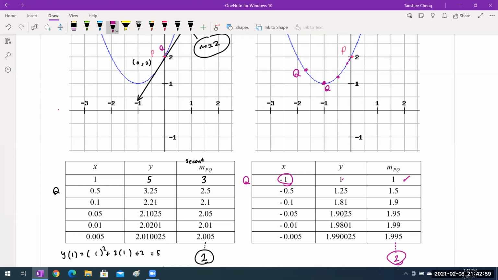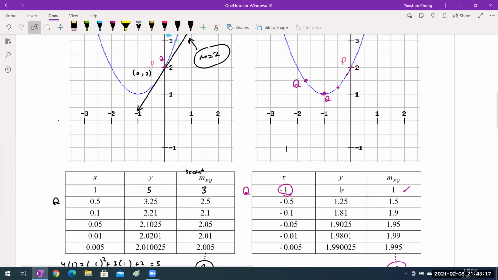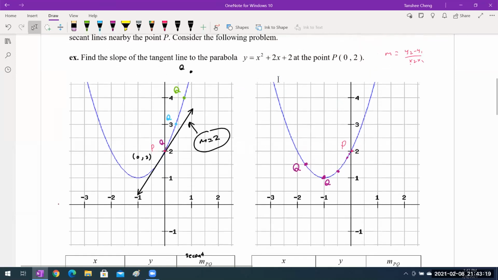So since the estimations from the left-hand side and the right-hand side lead us to approach the same number, we can guess that the slope of the tangent line at this particular point on this particular parabola is 2. Okay.